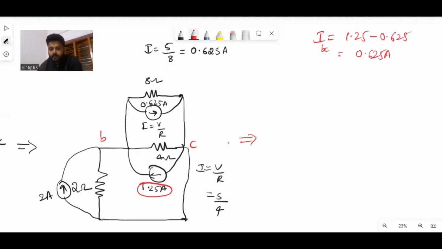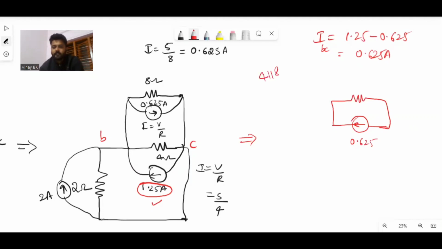So I will write here 0.625, and the direction is, remember, 1.25 is having right to left direction, so I'll consider that magnitude 0.625.